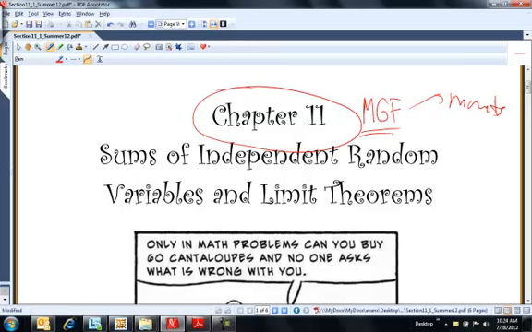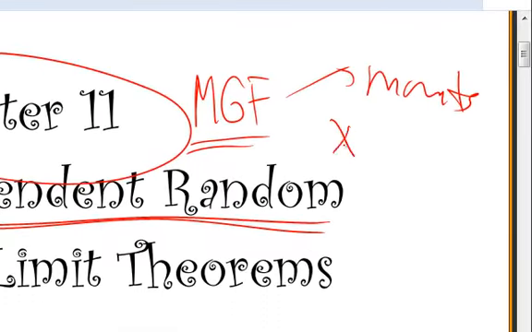Namely, it gives us a nice way of learning how to sum independent random variables. Otherwise, this can be very, very difficult, to add random variables like x plus y or any combination.